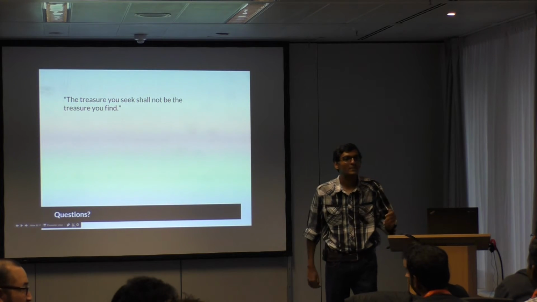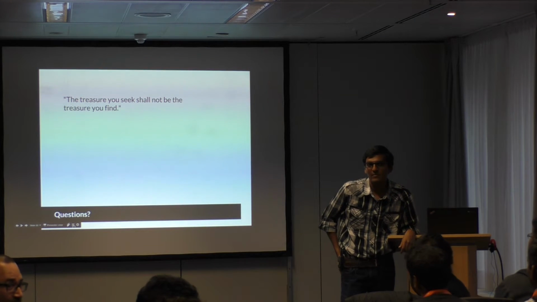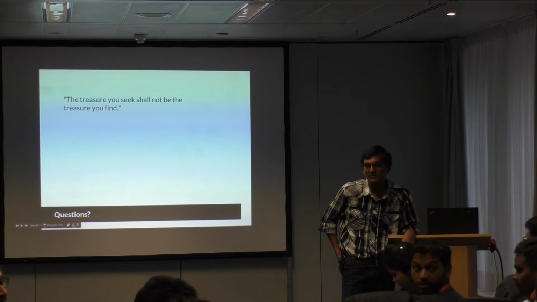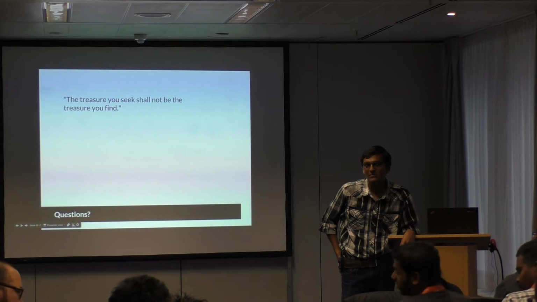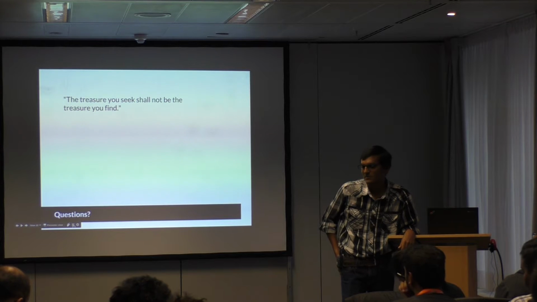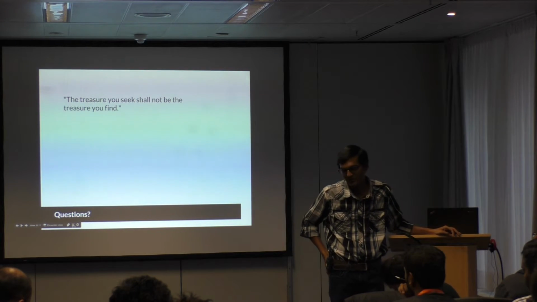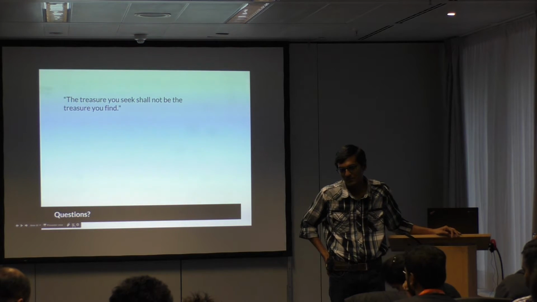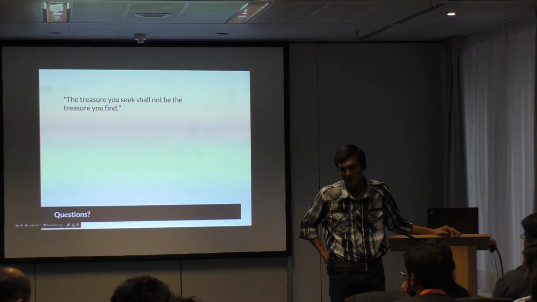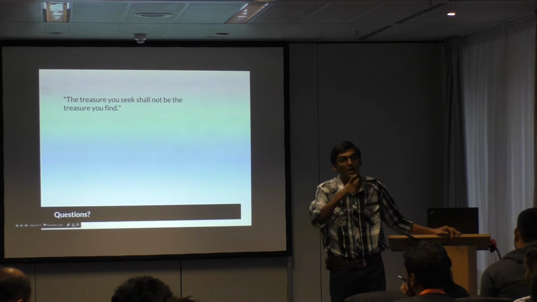Yes, question. You're describing how the parent and child are always co-located, but isn't there a hierarchy? Because you have the root, and then the subdirectory, and then the sub-subdirectory. How is everything not just co-located with the root?